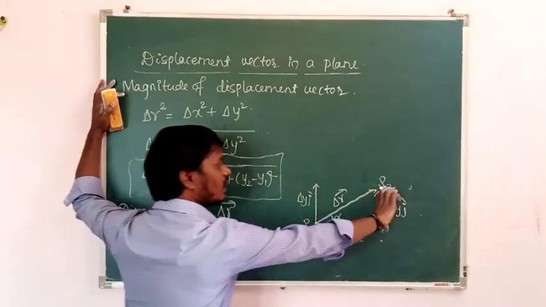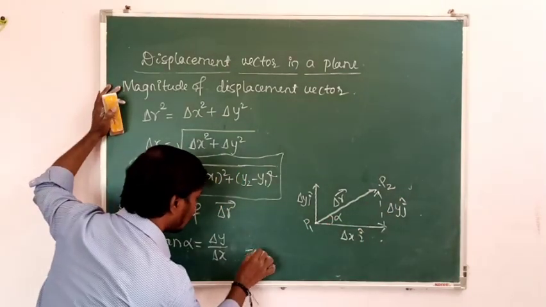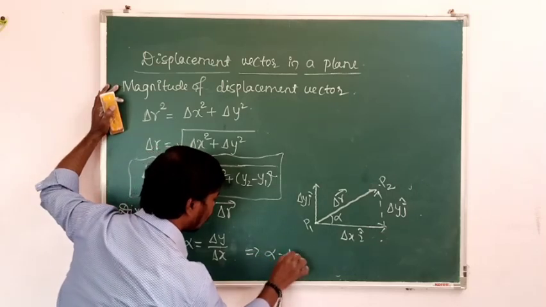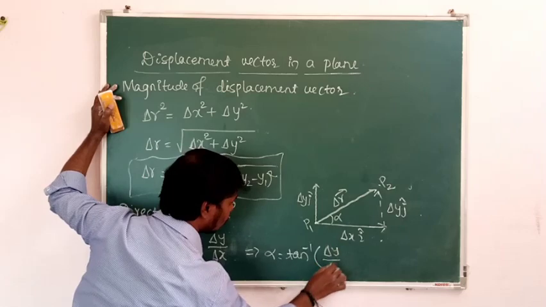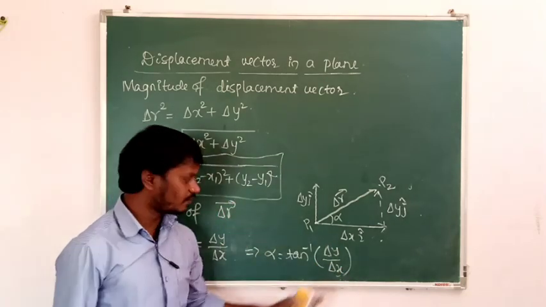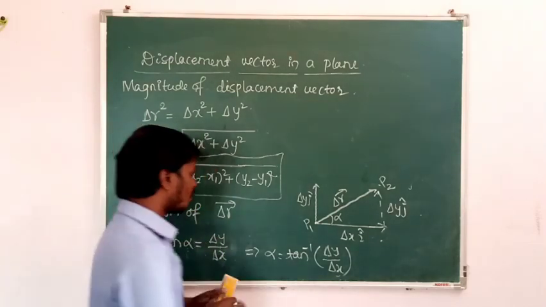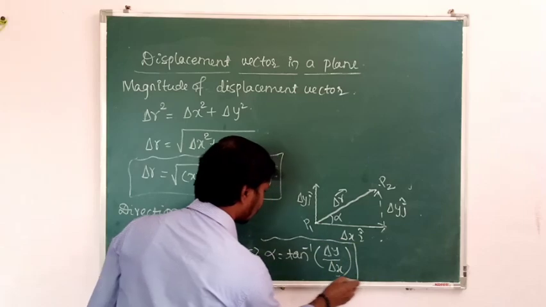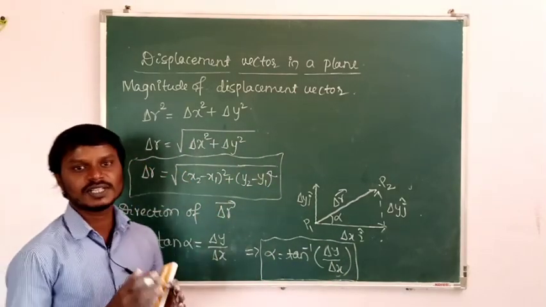Opposite side is delta y, adjacent side is delta x. Then alpha is equal to tan inverse of delta y by delta x. So delta y means y2 minus y1, delta x means x2 minus x1. So remember this formula, these are very important. Okay, so this is all about the displacement vector in a plane.